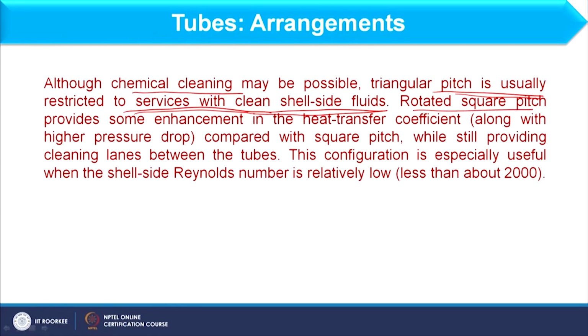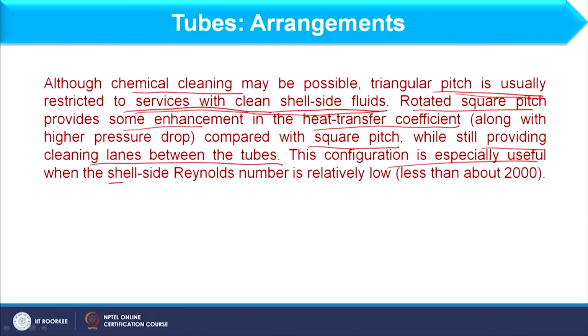Now, rotated square pitch provides some enhancement in heat transfer coefficient compared to square pitch, but still provides cleaning lanes between the tubes. Okay. So, for triangular pitch the main problem is the cleaning. That problem can be solved by using rotated square pitch, because in square pitch the gap is more.